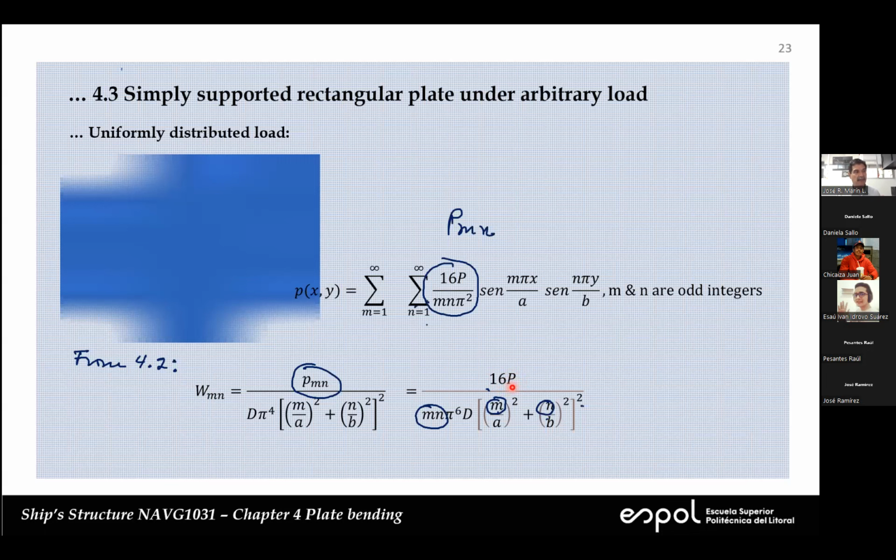Units of P, large P? Force over length squared, exactly. Here, D is force times length. So you get P over D and you get 1 over length cubed. And you have a squared in the denominator, so that will give you length to the 4th in the numerator. So the result is going to be length.